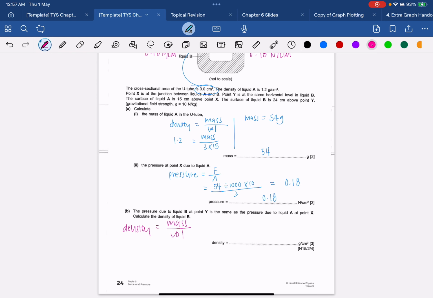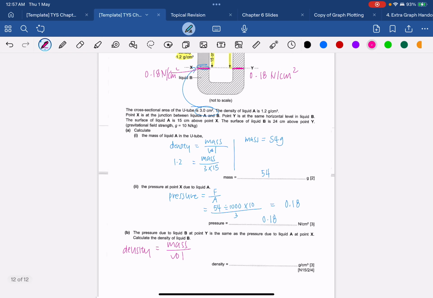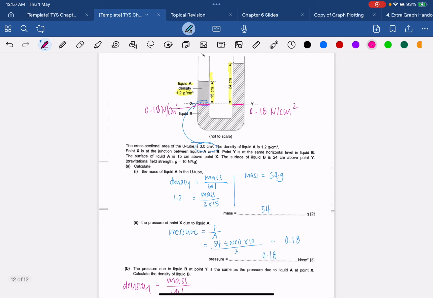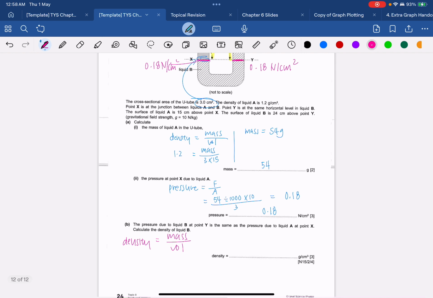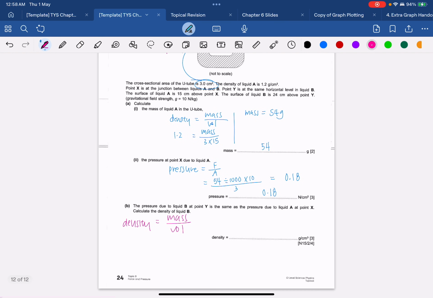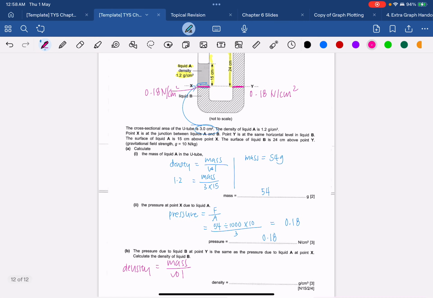Do I have the mass? Wait a minute, same pressure.